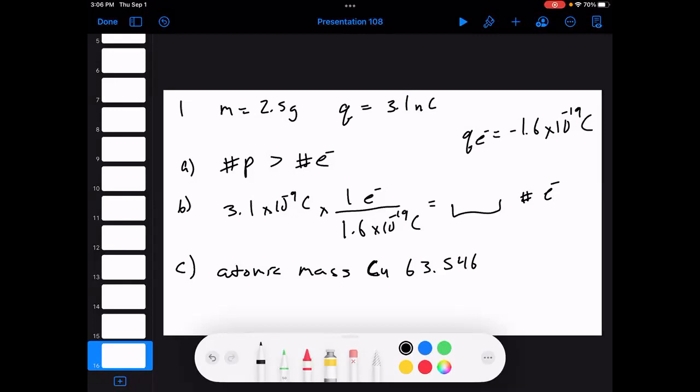Whatever mass the penny was divided by the atomic mass times 6.02 times 10 to the 23.